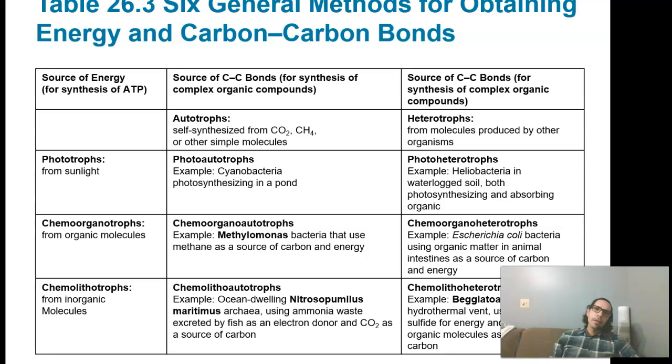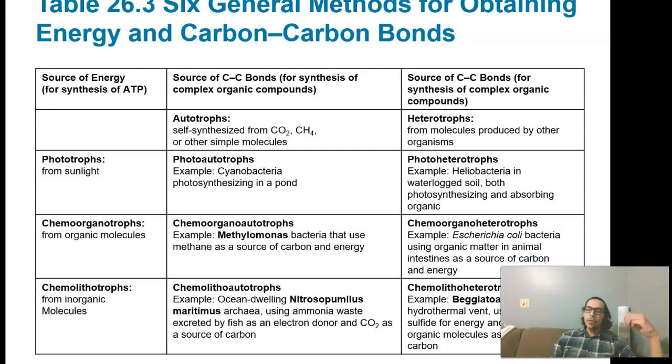When you're determining the type of method, you always want to start by first identifying the source of ATP, because that makes up the first part of the name, and it makes it simpler to describe. If you're given the sources, like here, these are all examples, the first thing you would want to do is identify the source of ATP.